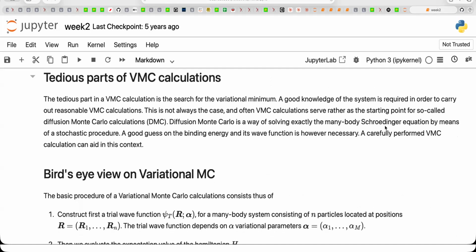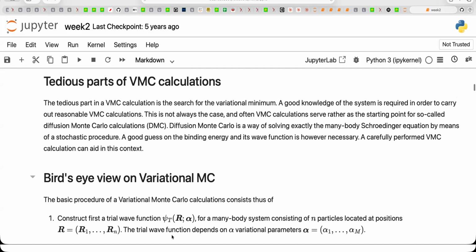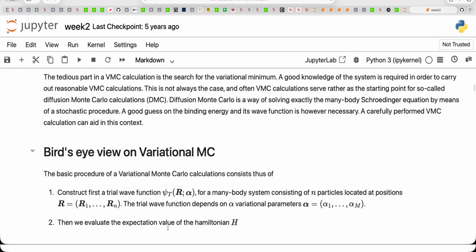You could obviously start with any function, but it doesn't mean that it will give you a meaningful result. Since we don't know the lowest energy, you typically end up trying different trial functions. So this T, which you see here, stands for a trial wave function.